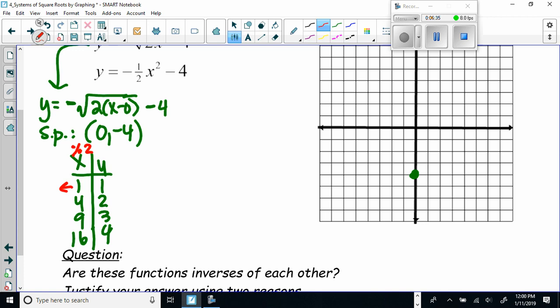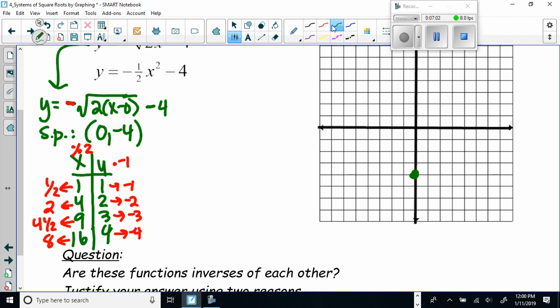So 1 divided by 2 is 1/2. 4 divided by 2 is 2. 9 divided by 2 is 4.5. 16 divided by 2 is 8. What, if anything, am I doing to the y's? Times -1. That's what this negative out here is doing. So this will be -1, -2, -3, -4.